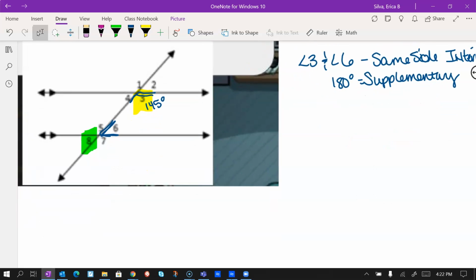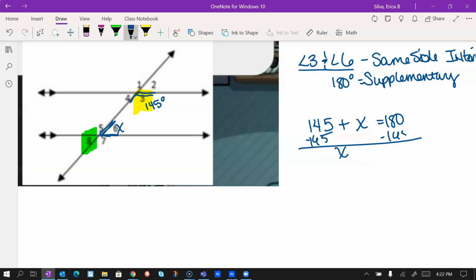So if these two are supplementary, then I can say angle 3 is 145 degrees, and if we add angle 6, I'm going to call it x, is equal to 180. So if we subtract 145, we get 35. So that means x is 35.